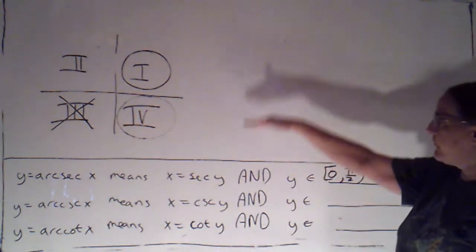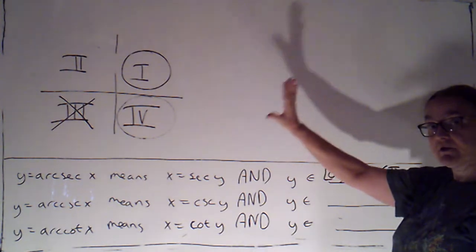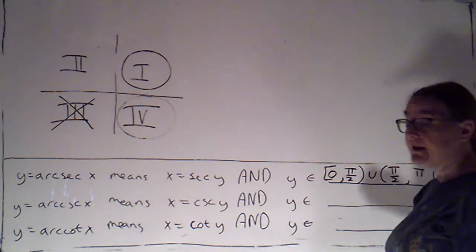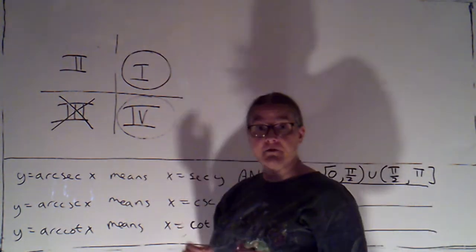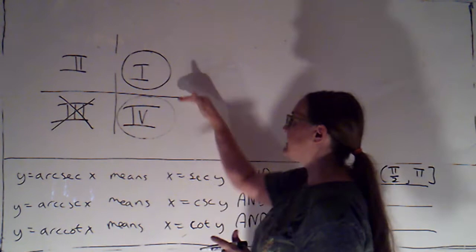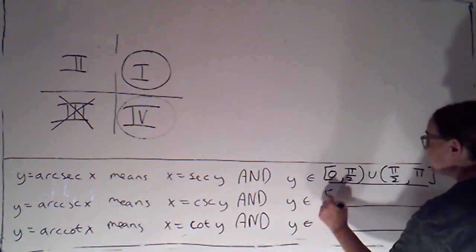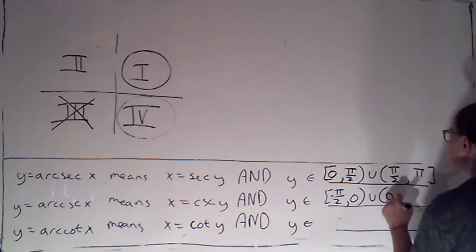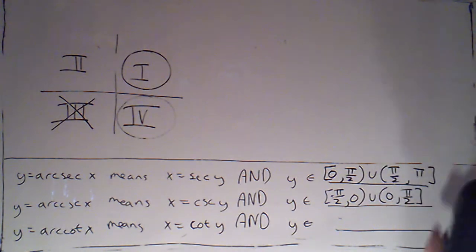So we want 4 and 1. That's from negative pi over 2 to positive pi over 2. But again, be very careful. Negative pi over 2 and pi over 2 I can include because those are in the domain of cosecant, but 0 isn't. So we'll have negative pi over 2 to 0, union 0 to pi over 2.